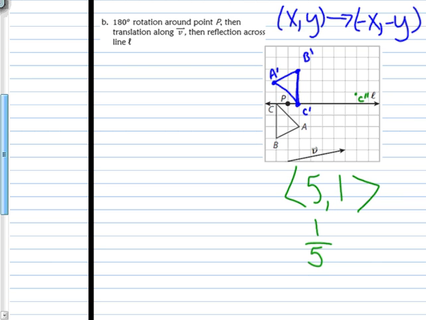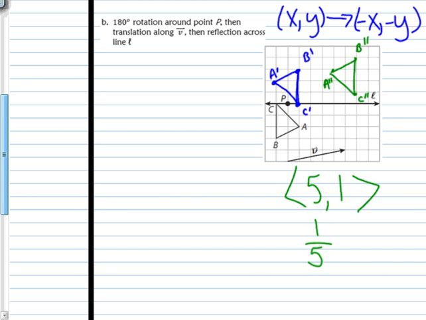So here is C double prime. And then A is 1, 2, 3, 4, 5 over, and 1 up. Here is A double prime. And B, 1, 2, 3, 4, 5, and up 1, B double prime. And now I have my translation.